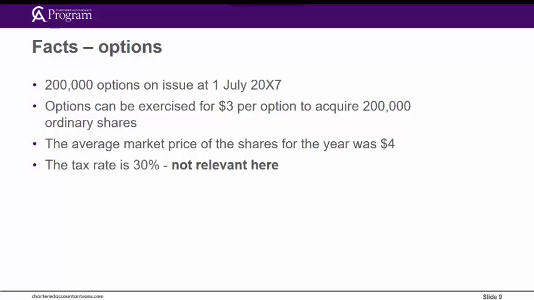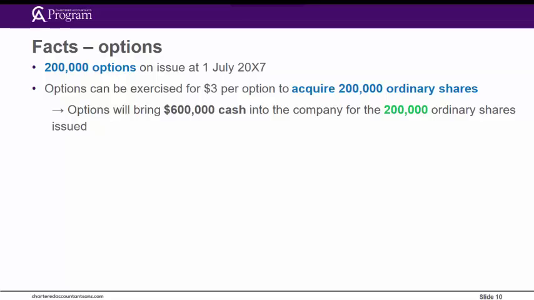So options are a little bit difficult to deal with for diluted earnings per share, and we take a slightly different approach to what we've seen with the convertible notes and convertible preference shares. So let's use that information to see what IAS 33 is asking us to do. Remember, I've got 200,000 options on issue. They can be exercised for $3 per option to get those 200,000 ordinary shares.